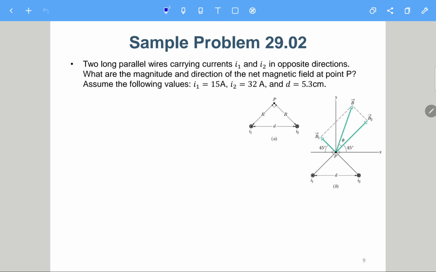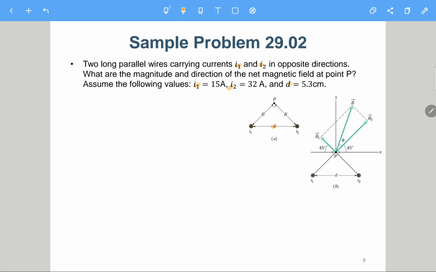Two long parallel wires carry currents I1 and I2 in opposite directions. What are the magnitude and the direction of the net magnetic field at point P, assuming the following values of I1, I2, and D? D is the distance between the two wires. I1 is going out of the page, I2 is going into the page.